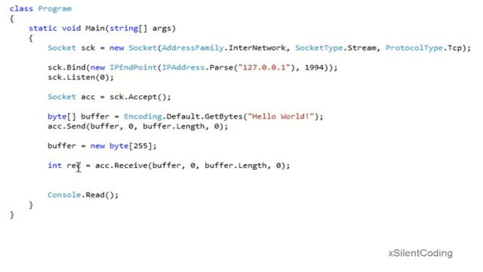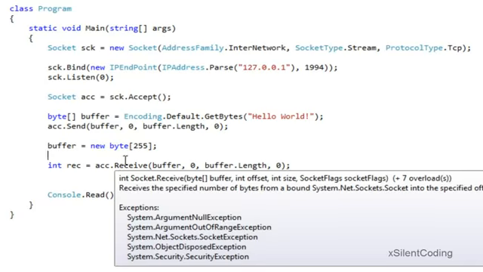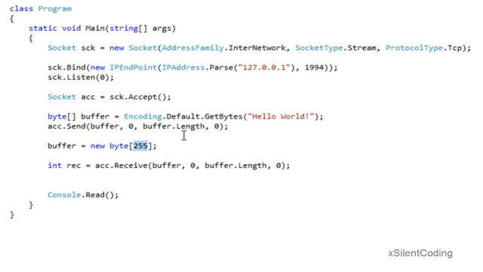Now what this variable is, this will store the actual amount of data that's read. So let's say our byte array is 255. Now if the client sends 20 bytes, then it'll be filled with just 20 bytes, but then the rest will just be white spaces, and we don't need that. So we're going to use this variable to resize the buffer to only keep what we need.